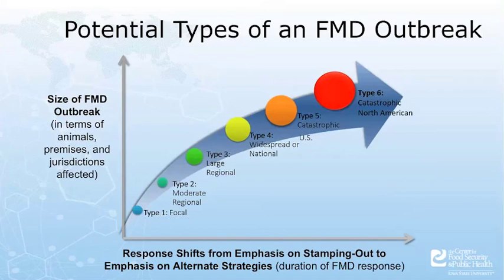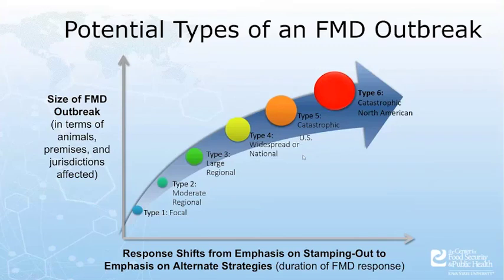If it's a small focal outbreak, all of the emphasis would be on stamping out. A moderate regional outbreak would be stamping out aided by vaccination to slow the spread. For a large regional outbreak, we would be depending a lot on vaccine to help control the spread. A widespread national outbreak probably would stop stamping out in most cases and depend on vaccination.